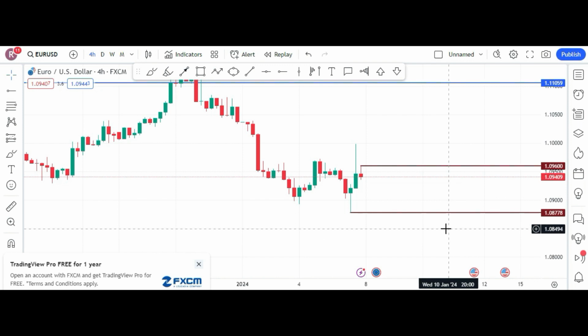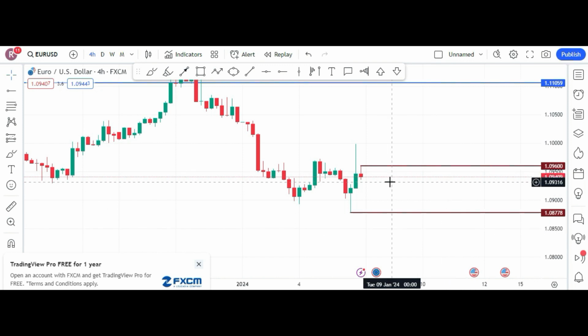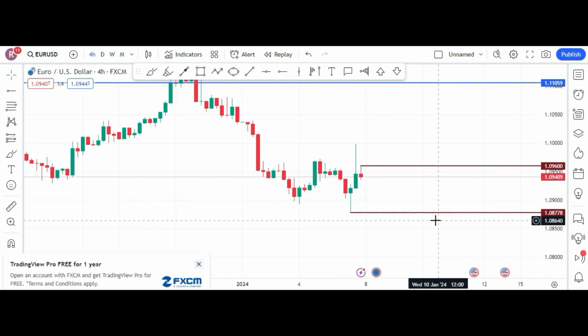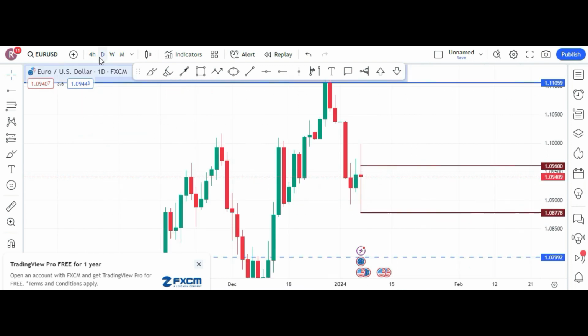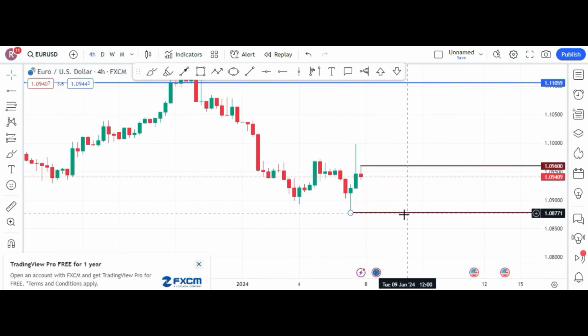What should we do now? The price is here. What should we do? So if the price, let's go to 1 hour, you see the whole thing, in 1 day time frame, the whole thing changes. Okay guys, in some cases, if it was a good enough candle, it is not good enough.